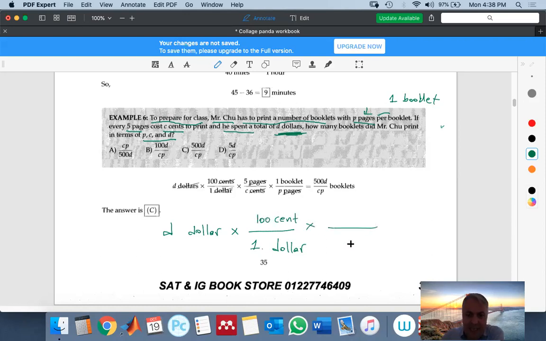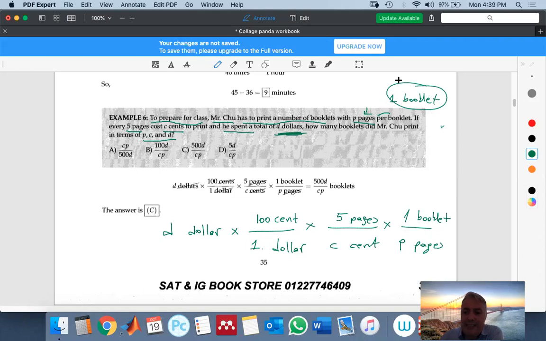And this guy is spending C cents for 5 pages. So I can write here 5 pages, times P pages, 1 booklet.